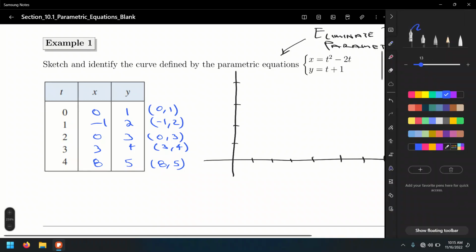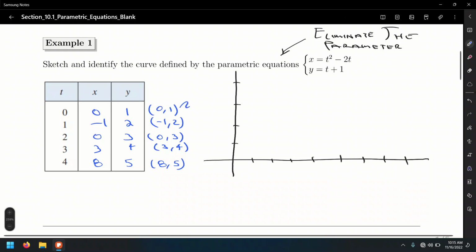Let's plot the point 0, 1, which corresponds to the first ordered pair, that is to t equals 0, the point negative 1, comma 2, and the point 0, comma 3, the point 3, or is it a 3?